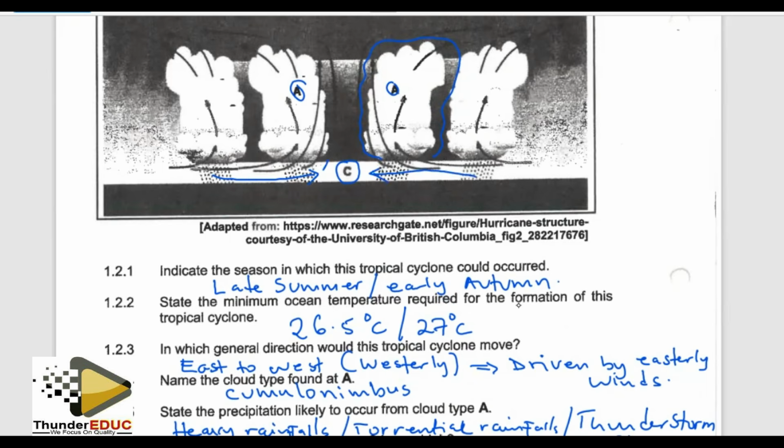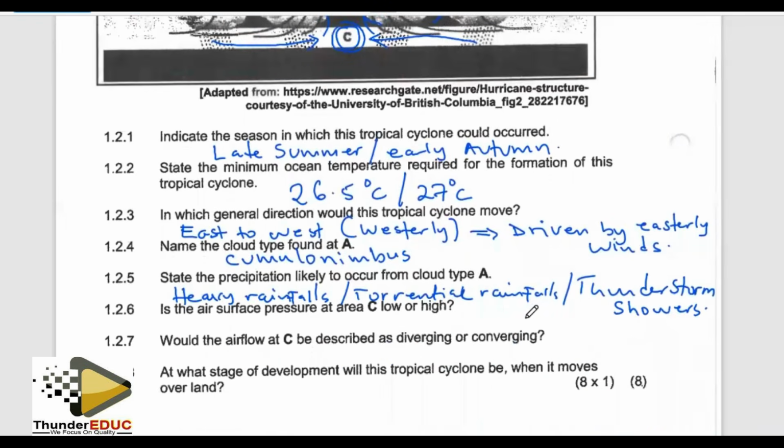After converging, then it rises. Now, the mere fact that air rises, it means when air moves away from this point, a low pressure is going to develop. So that is why we say the pressure at C will be low pressure due to air rising or ascending at that particular point after converging.